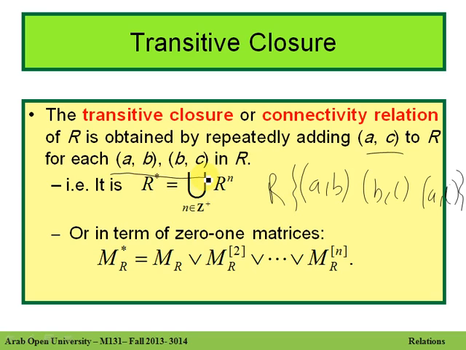For each (A, B) and (B, C), we need to add (A, C). So it is something like the union of R to the power n, where n belongs to the positive integers.